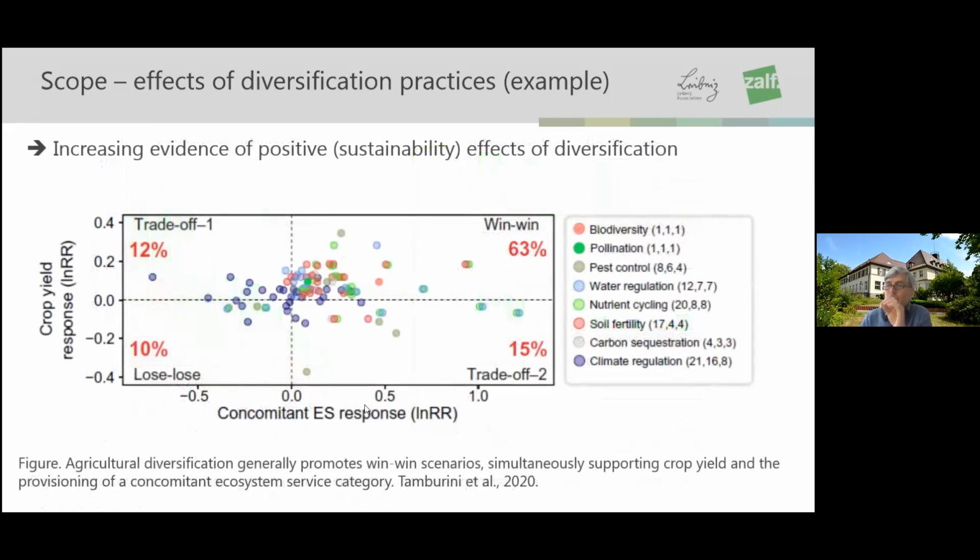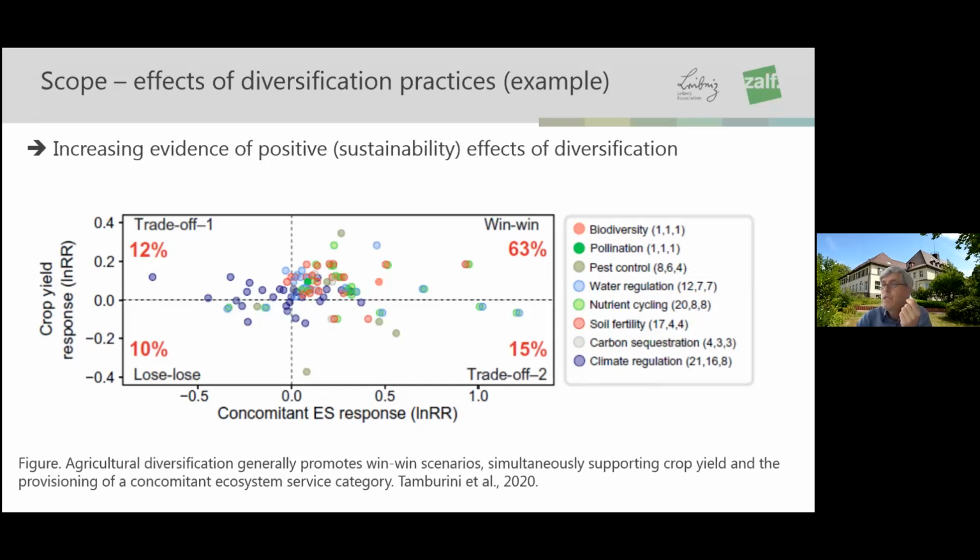Coming back to the point to which extent these effects on the ecosystem services really have a relationship with an increasing yield, that's also studied here and shown in this graph by the upper right quadrant. The win-win relationship points to a positive relationship in the way that the ecosystem services that have been positively affected by the diversification of management practices, in fact, also have a positive yield response.